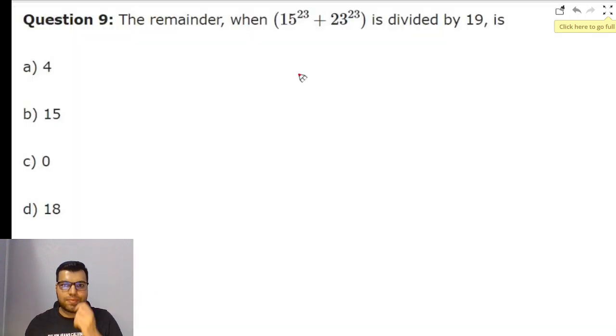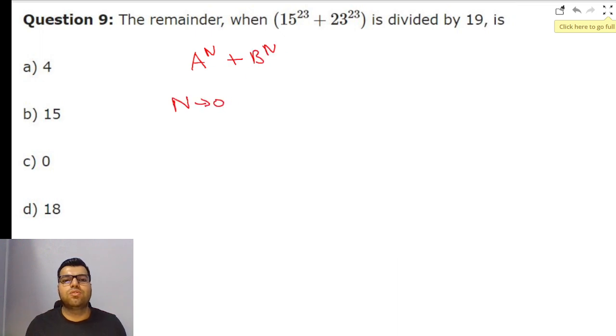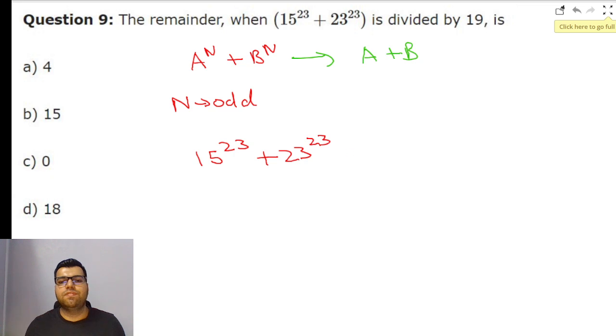So using this fact, here I have a number in the form a raised to power n plus b raised to power n, where n is odd. I know when n is odd, a raised to power n plus b raised to power n is definitely divisible by a plus b. So what is a plus b in this case? I can conclude that 15 raised to power 23 plus 23 raised to power 23 will be divisible by 15 plus 23.